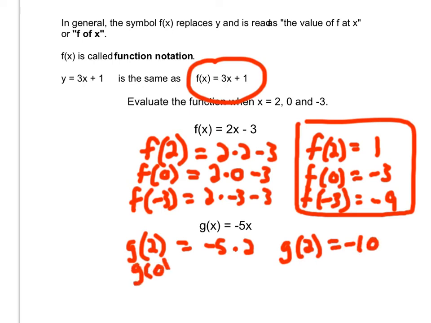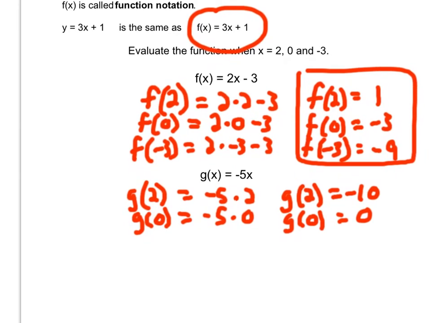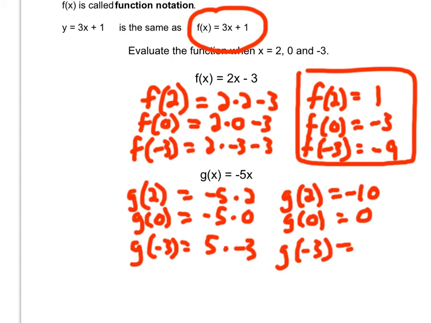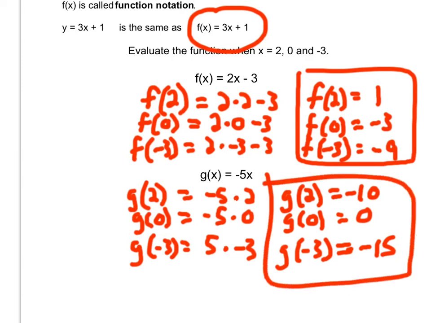The value of g at 0 is -5 times 0, which is 0. And then the value of g at -3 is -5 times -3, which is 15. So there are my answers for those.